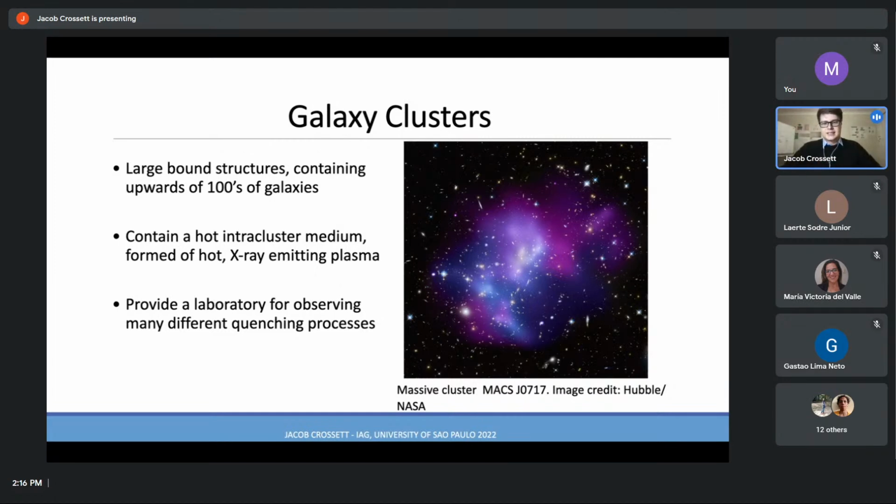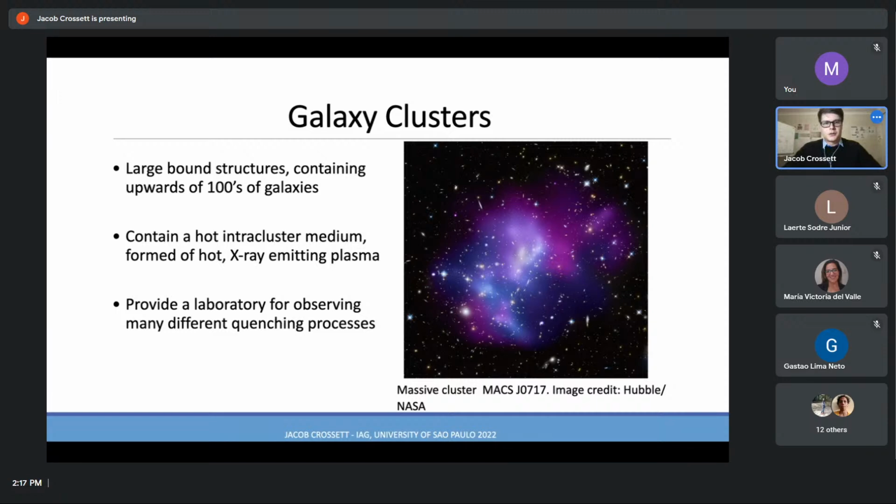As well as the galaxies, accreted gas and things can come into the cluster and then be heated up through the gravitational potential well as they're accreted, and they emit a hot plasma. Now, this hot plasma can emit bremsstrahlung radiation, which allows us to observe this intra-cluster medium, this hot plasma around the galaxy cluster. We can observe this through X-ray emission, so we can see this as well.